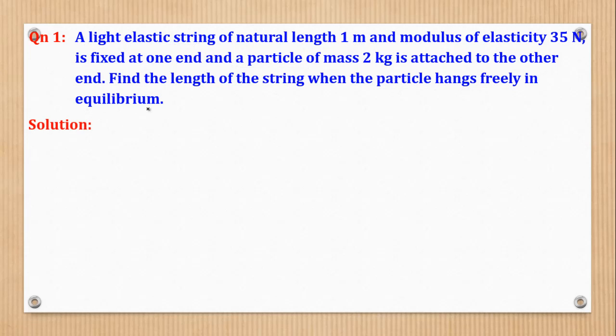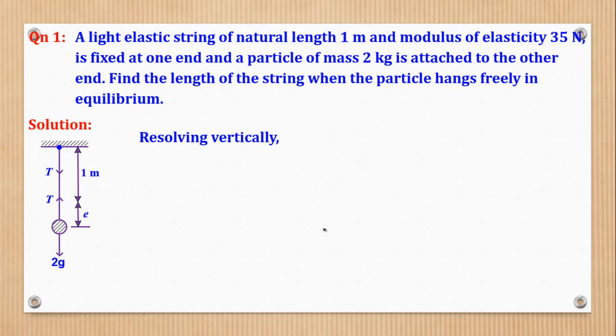We shall first make a sketch of the information given. Then we put the forces. There is weight. Because of weight, there will be tension. Arrows must face each other. And because of tension, there will be extension, which is this.